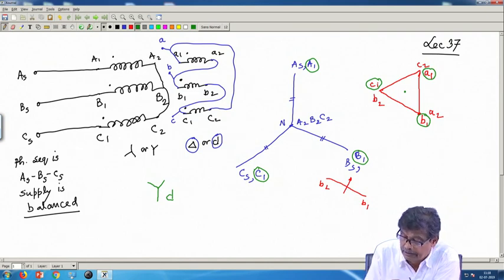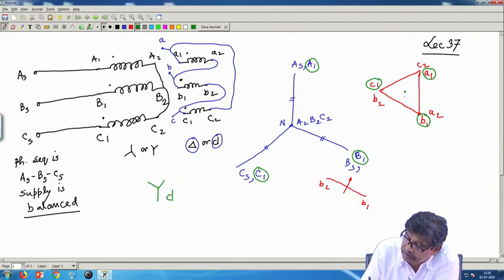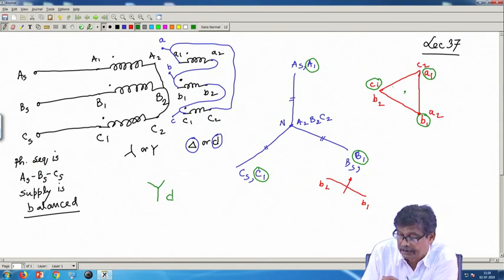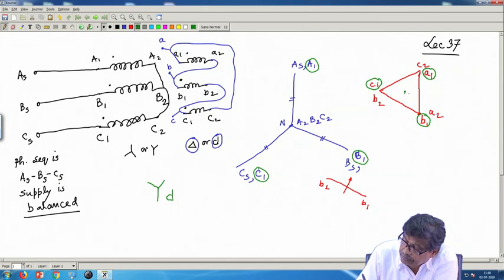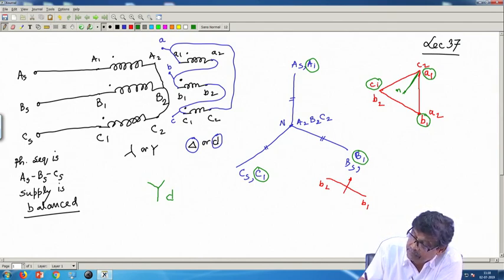Now, I will examine with respect to neutral on the primary side, there is A1 voltage. Similarly, with respect to this artificial neutral, which is the centroid of this equilateral triangle, and with respect to that neutral, the phase voltage is this phasor a1n. Then you draw this capital A1N here. Suppose this primary phase voltage with respect to its neutral is here A1.